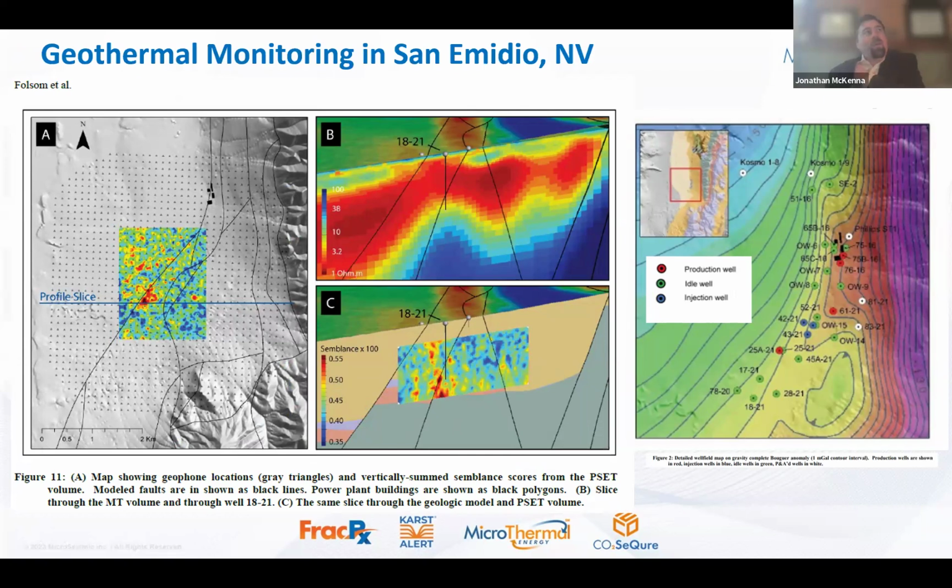And when we see more discrete events, they tend to be aligned with other faults in the area that can give us an idea of current stress state and virgin reservoir stress state in that area.